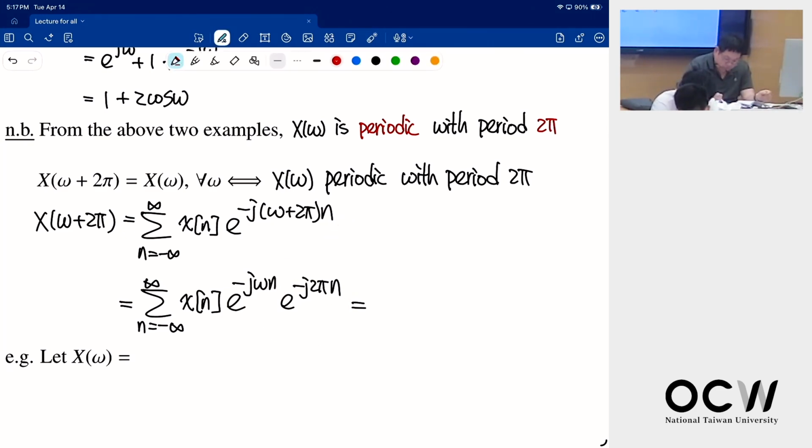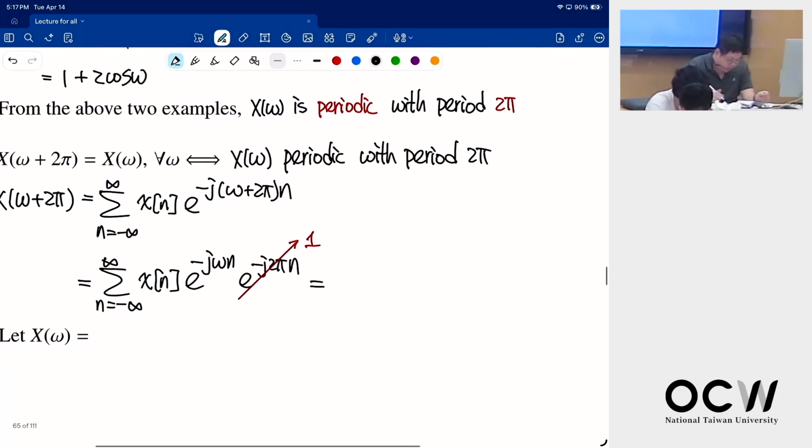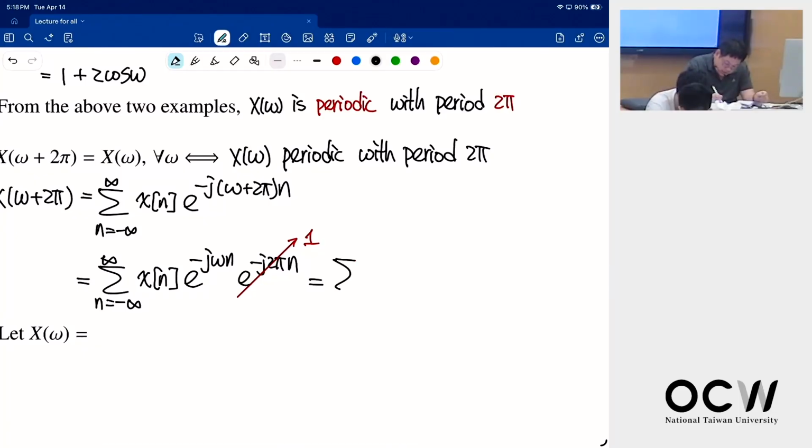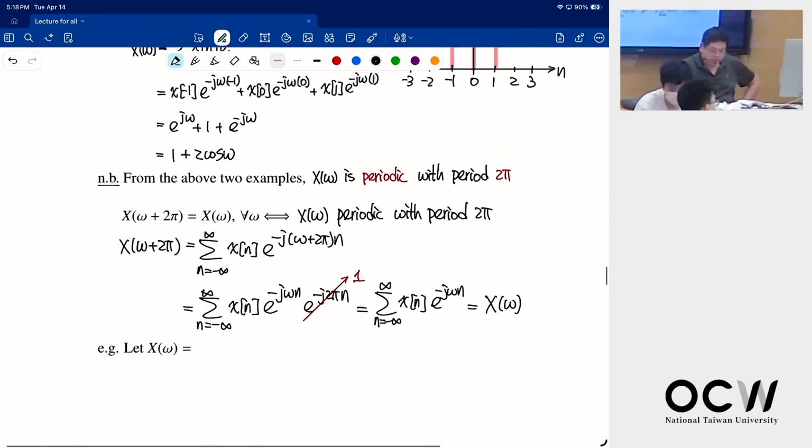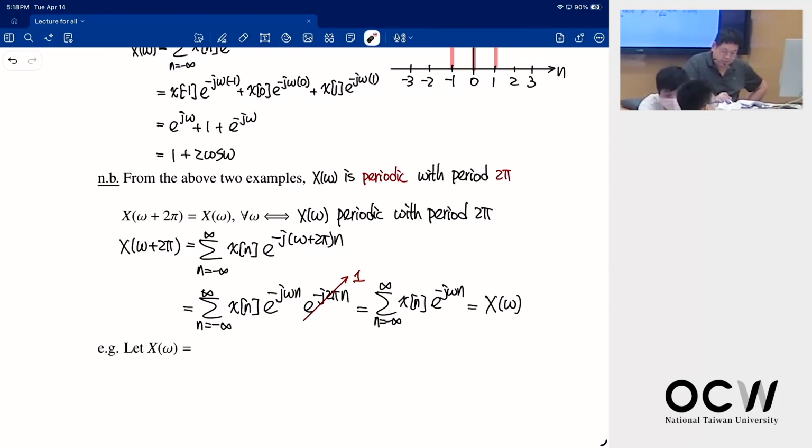So because this is 1, overall the summation is x[n] times the basis. So this is the Fourier transform. That's why it's periodic by 2 pi.